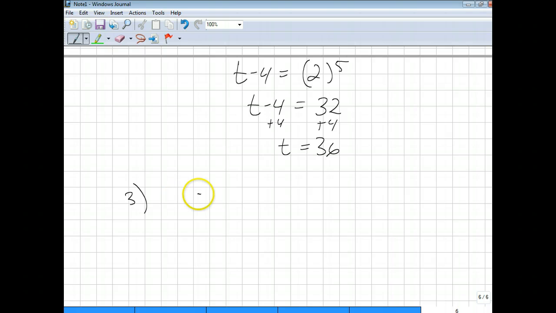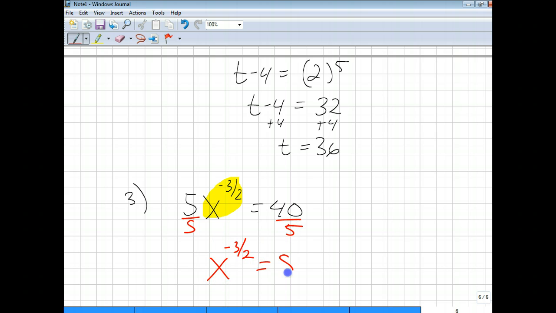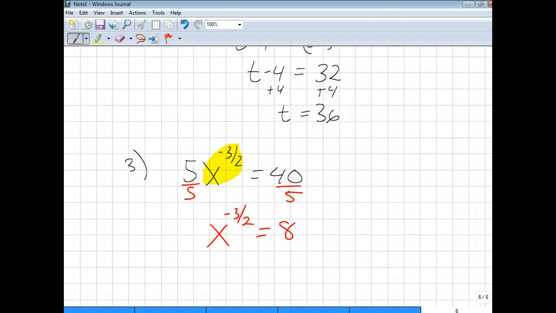So if I have 5x to the negative 3/2 equals 40. Step number 1, get this by itself. So divide by 5. So x to the negative 3/2 equals 8. Now we want to make this exponent into a 1. So we're going to raise both sides to the reciprocal.